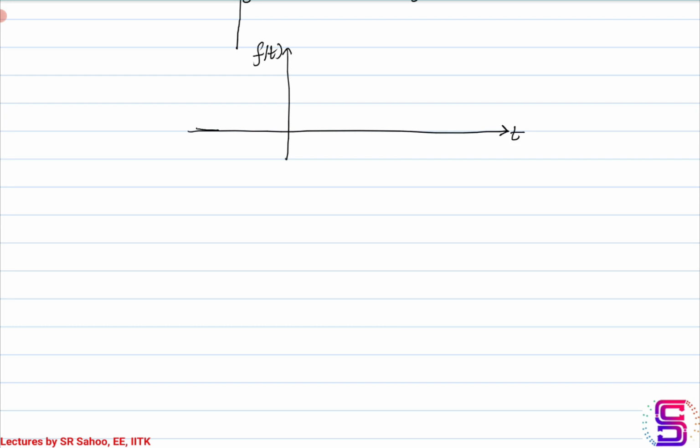Suppose it is going like this, and then there is a sudden jump to this value, and then it returns back, and it goes like this, and then let's say there is a sudden jump over here, and again it comes like this.